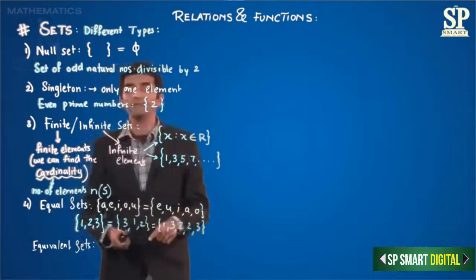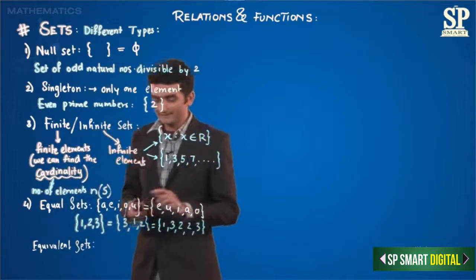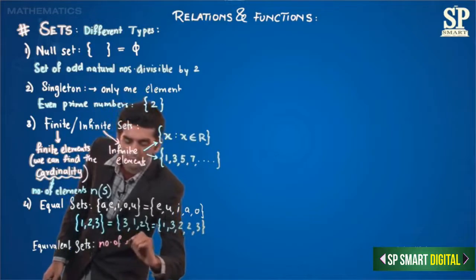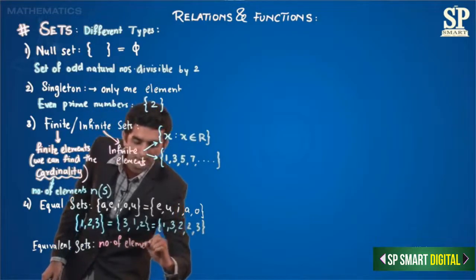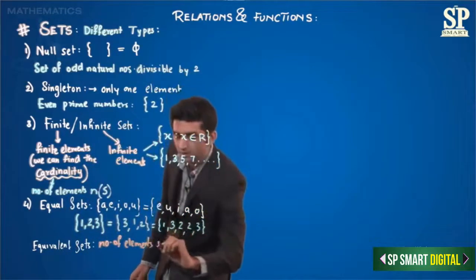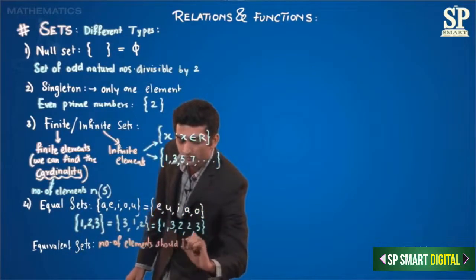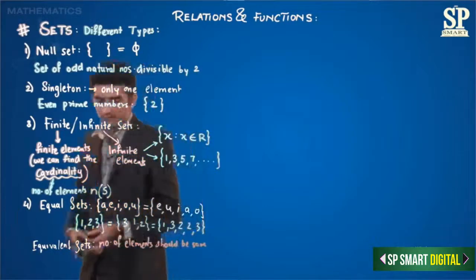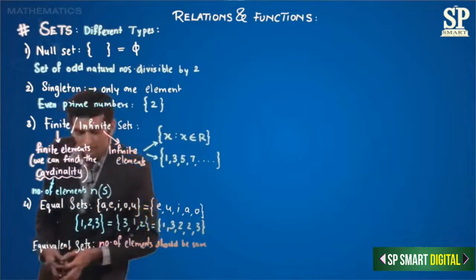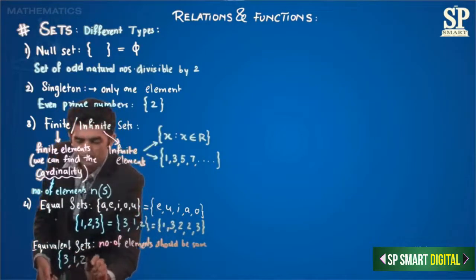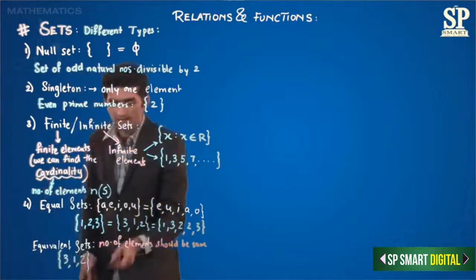Now coming to equivalent sets, the condition is the number of elements has to be the same. The elements do not matter, but the number of elements should be the same. So let's take an example. Now if we take 1, 2, 3, or for that matter, let's take 3, 1, 2, it's one and the same thing, right? These two are equal sets.